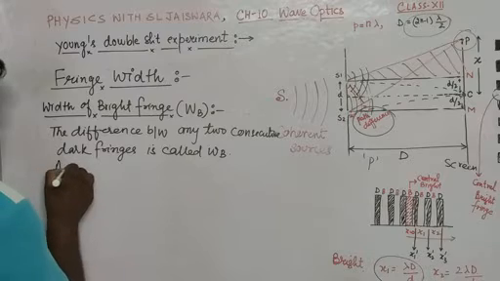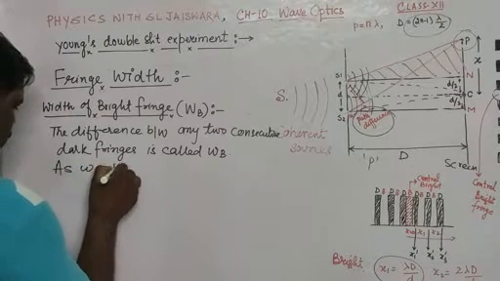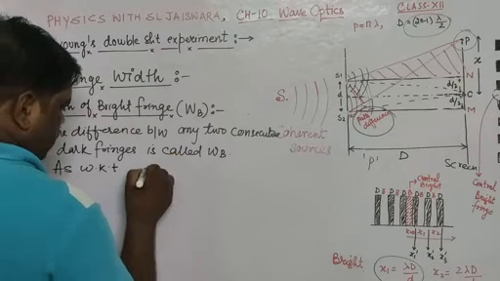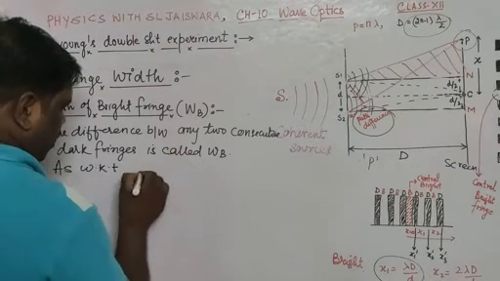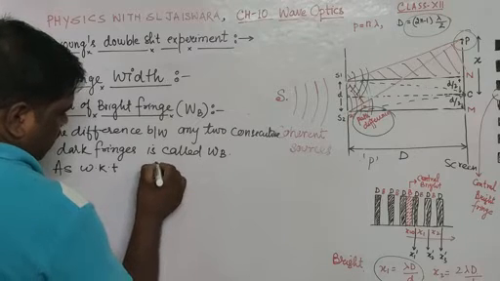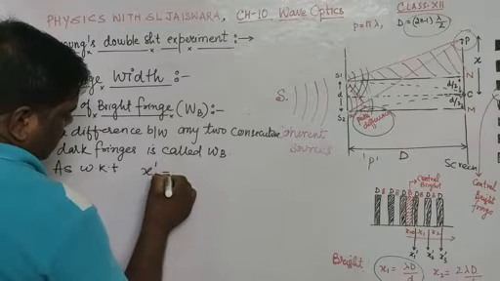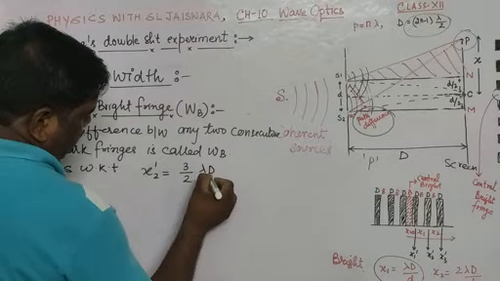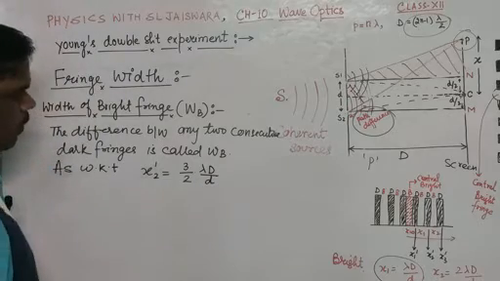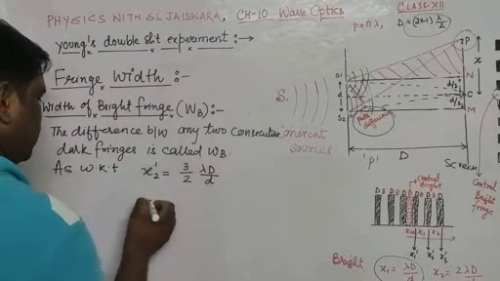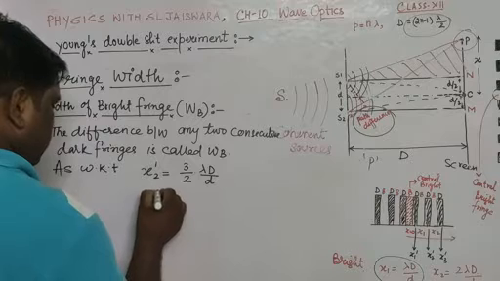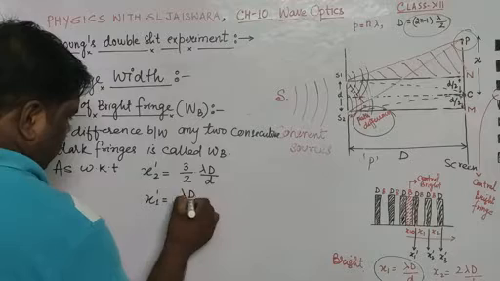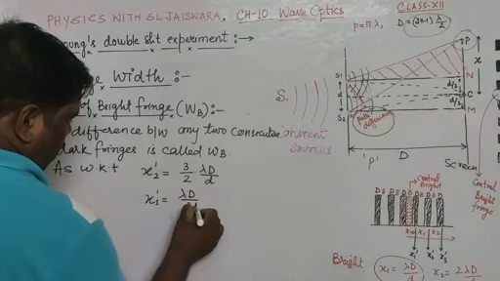Children, as we know, the position of the second dark fringe, x2', is equal to 3/2 lambda D upon d, and the position of the first dark fringe is lambda D upon 2d.